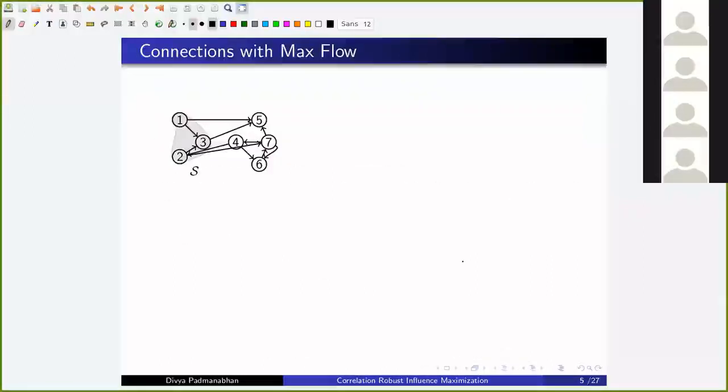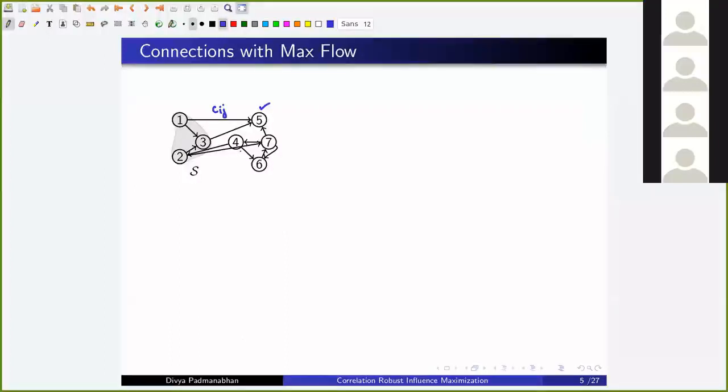Okay. So what this means is that I have this graph here. Now, all these Cij values are known to me. So that is given in bold. And I have the seed set S. Suppose I'm fixing the seed set S, and I want to find out the number of nodes that I can reach from S. So for this network, I can reach the node 5.